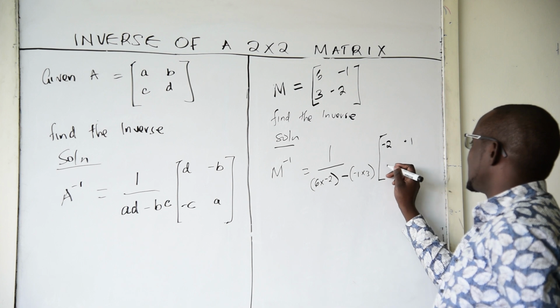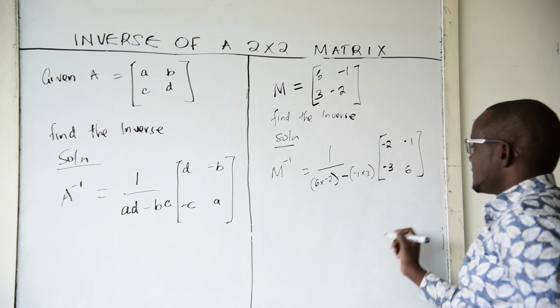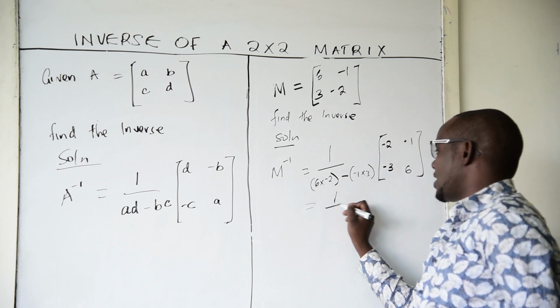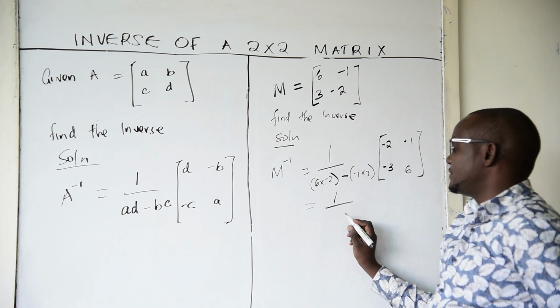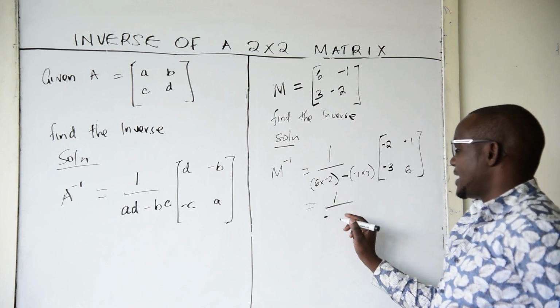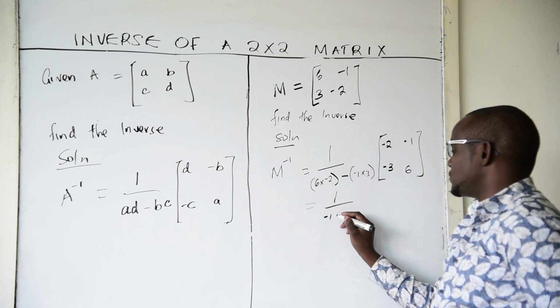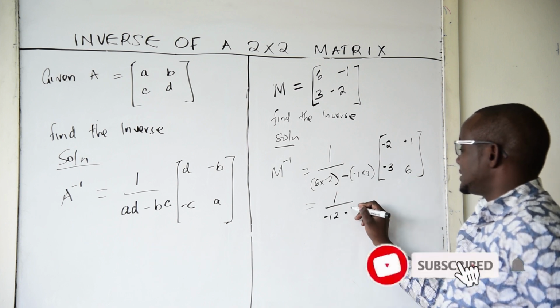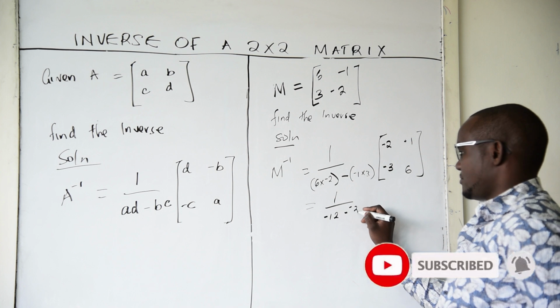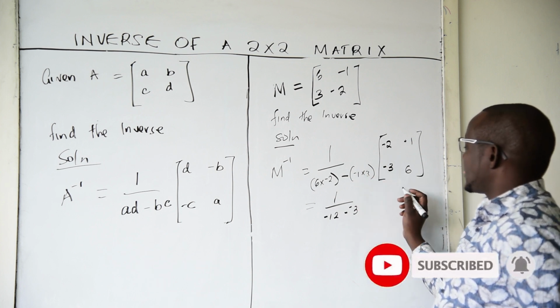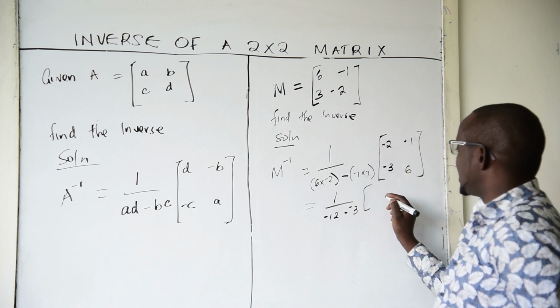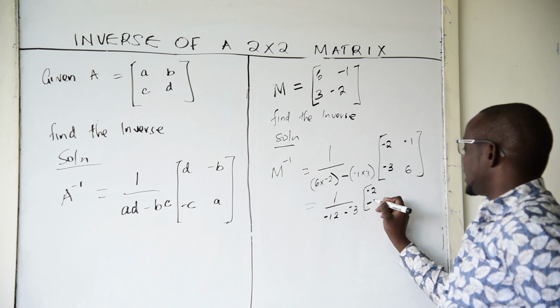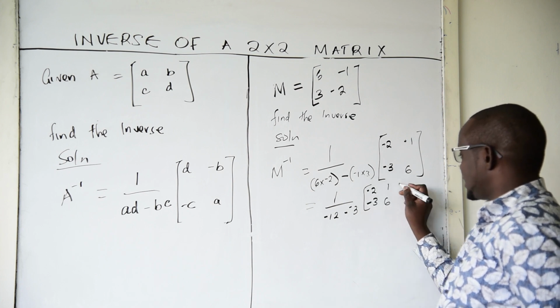You multiply the 3 with a negative, it becomes negative 3. So our inverse will be 1 over 6 multiplied by negative 2, which is negative 12, minus negative 3, with the matrix negative 2, negative 3, 1, and 6.